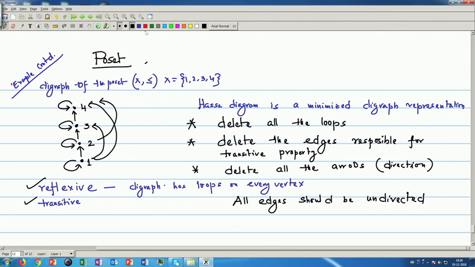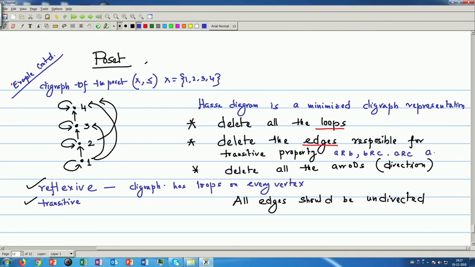That is why we delete the loops. Since it is transitive, that is why we delete the edges responsible for the transitive property. What does it mean? If it is a R b, say, then b R c, then I will put a R c.